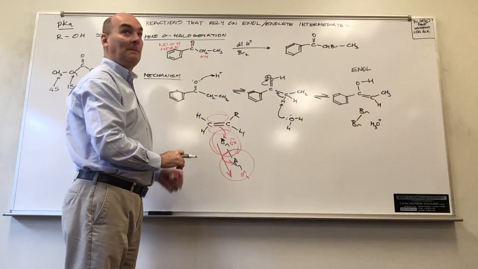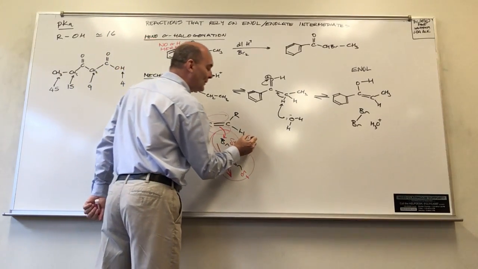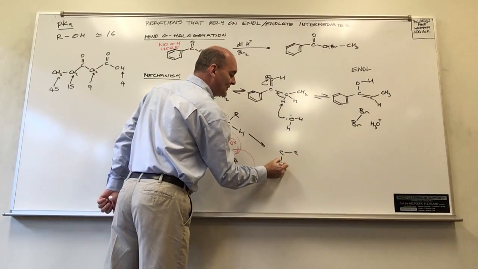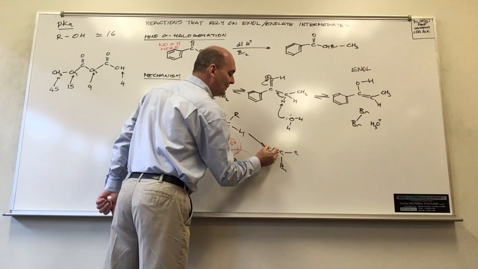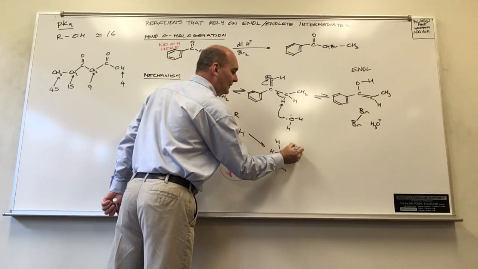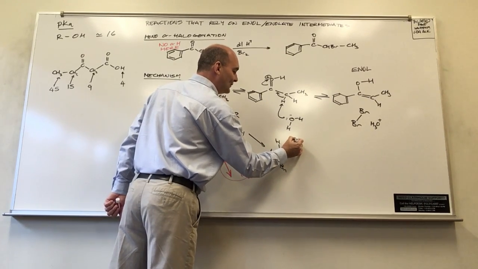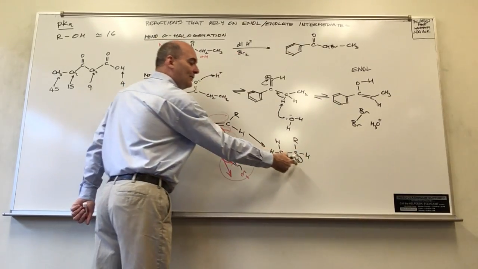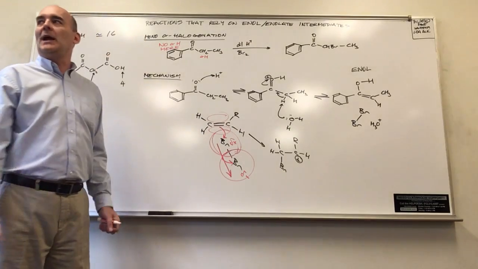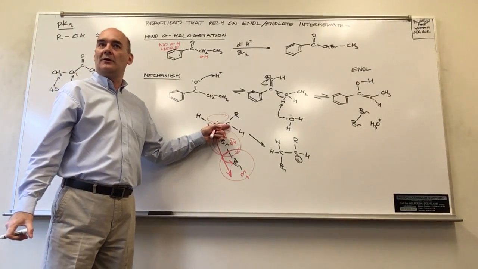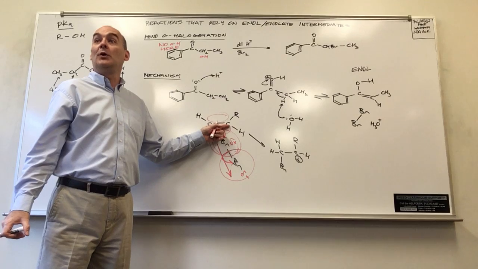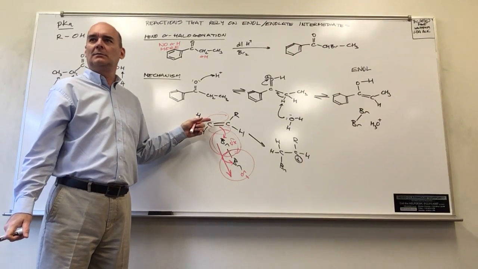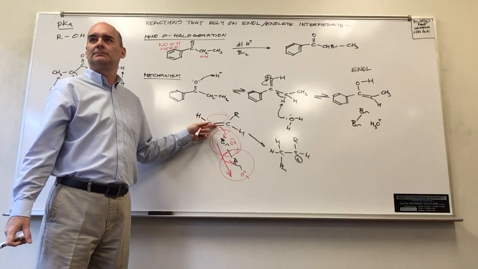Not the one with the R. Because if you add the one with the R, then the plus has to go somewhere else. Remember, you have to leave a plus behind. You're going to make a carbocation. So the carbocation goes to the most substituted carbon in the alkene. Whose rule is that? It's Markovnikov's rule.